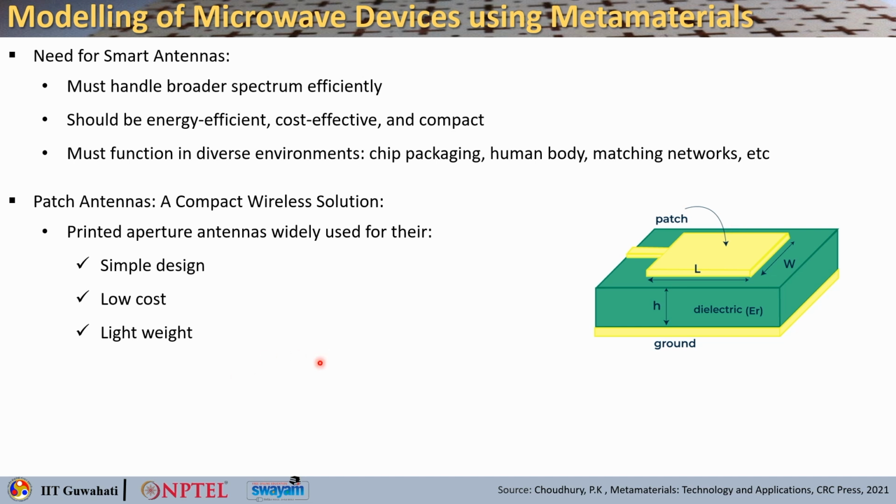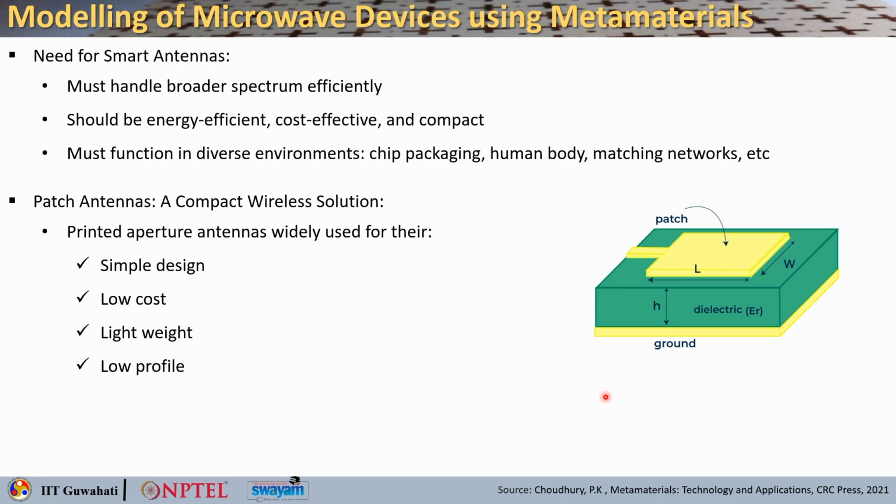Now, what are the advantages of using a patch antenna? The first thing is its low profile. It is integrated into a flat substrate, making it suitable for mobile devices, GPS modules and other compact applications. Another important factor is low cost, because a relatively inexpensive method for manufacturing, such as PCB printing, can be used for this kind of application.